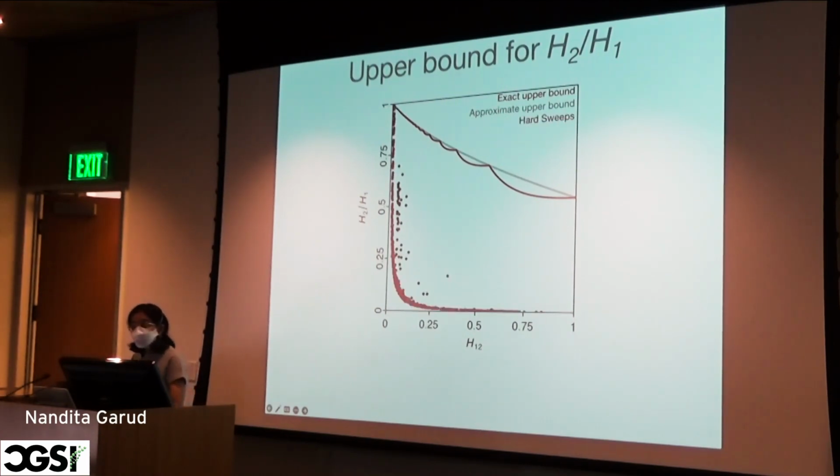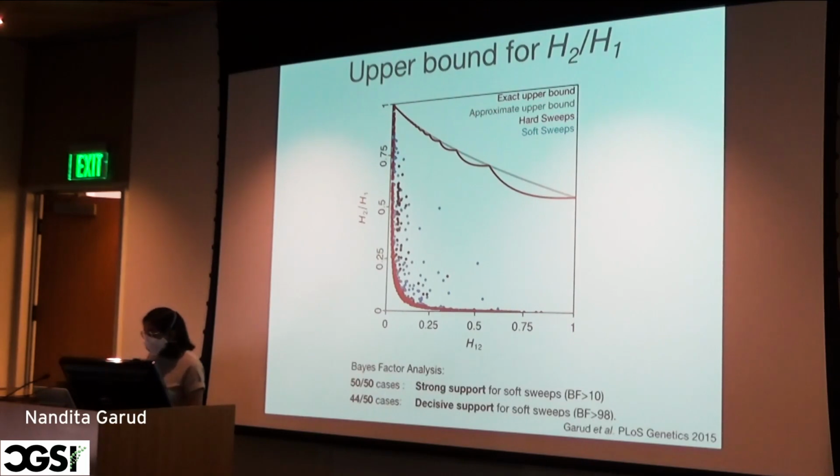And this is the distribution of values we get for hard sweeps. You can see that they don't overlap the data. But if we do the same for soft sweeps, this is what we get. They do overlap the data. We can quantify this overlap with Bayes factor analysis. And so in basically 44 out of 50 cases, we have decisive support for soft sweeps. If you relax that a bit, in all cases, we have strong support for soft sweeps.